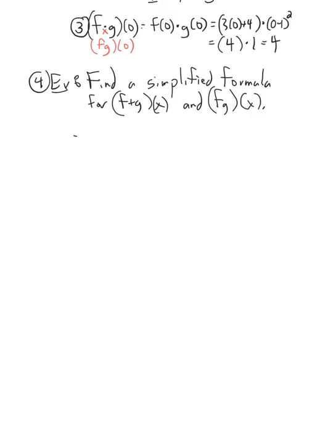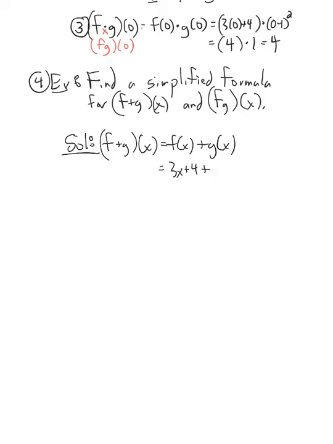And here's the solution. So I know f plus g of x is, of course, f of x plus g of x. F of x is 3x plus 4. G of x is x minus 1 squared. Now let's simplify this as much as possible, so we'll combine like terms. Let's expand x minus 1 squared.